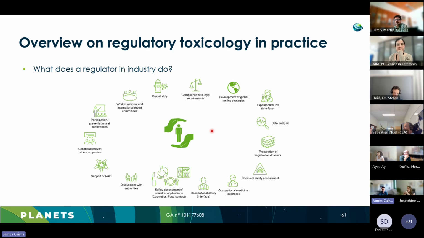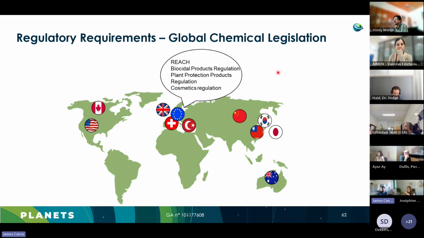So we're starting off. The world is diverse, and as diverse as the world are the regulatory requirements. If you want to sell a substance somewhere, for example in North America, you have different agencies, EPA, EFSA, depending on the category of substance you want to sell.